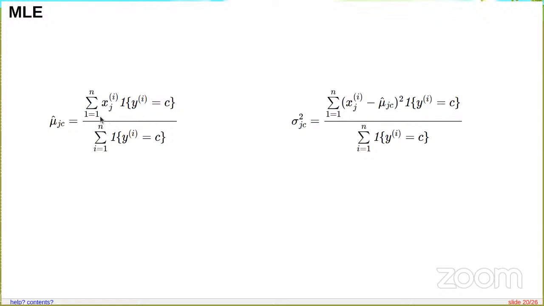The numerator is telling you, out of those points that you have filtered out, add the jth feature of all these points. That is the numerator.